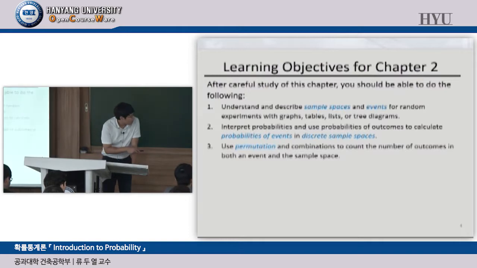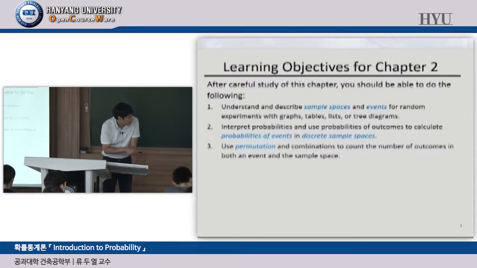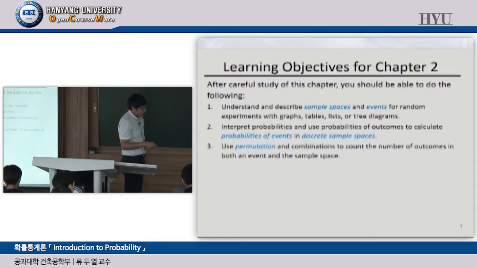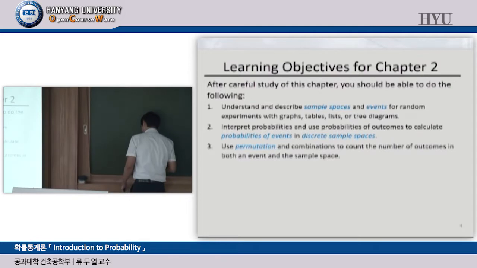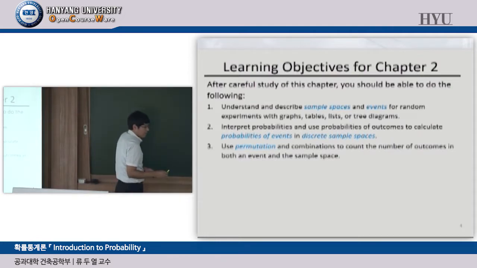And we can use the permutation and combinations to count the number of outcomes in both an event and the sample space. The permutation is 순열 in Korean. And this is a brief explanation for the permutation.